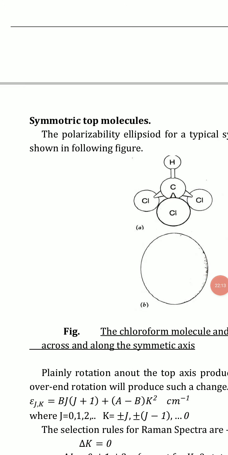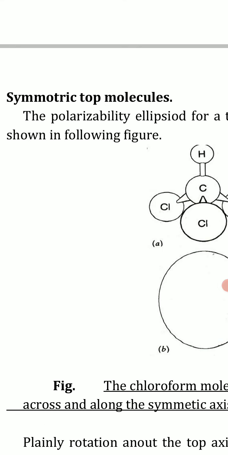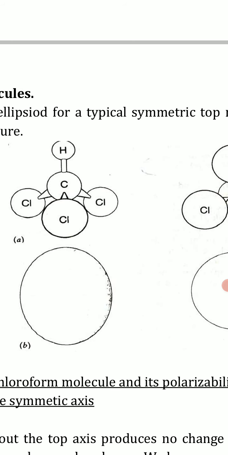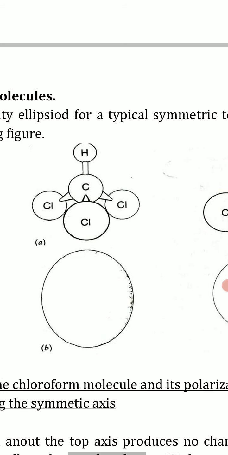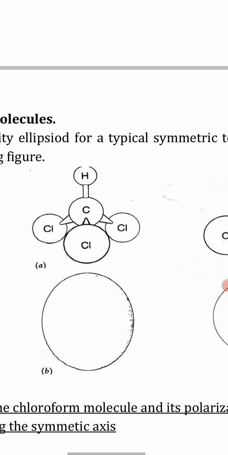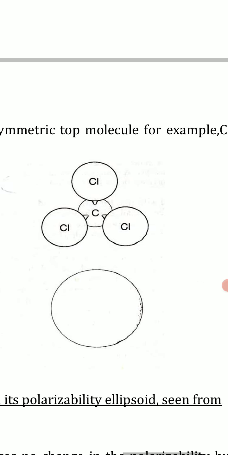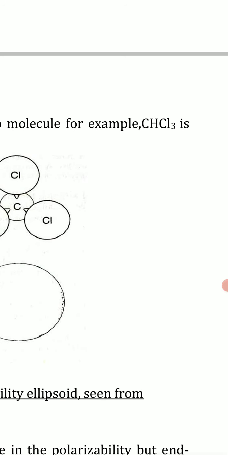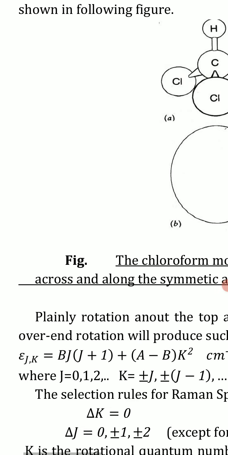Now we consider pure rotational spectra for symmetric top molecules. For example of symmetric top molecule is CHCl3 chloroform molecule, which is shown in this figure. The polarizability ellipsoid for a typical symmetric top molecule, for example CHCl3 chloroform, is shown in this following figure.